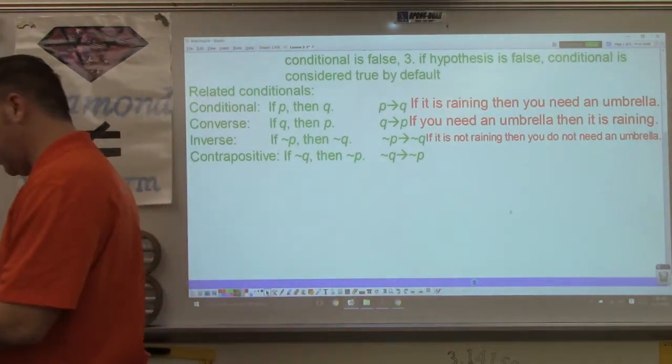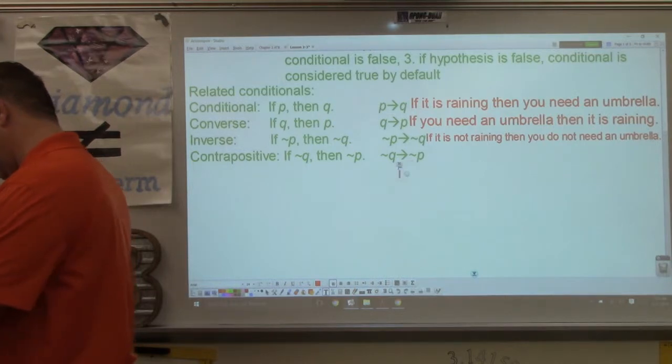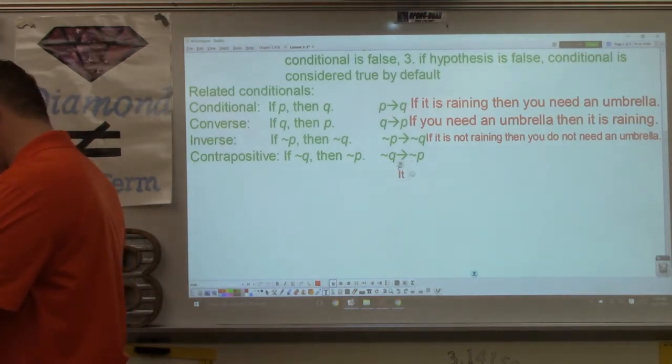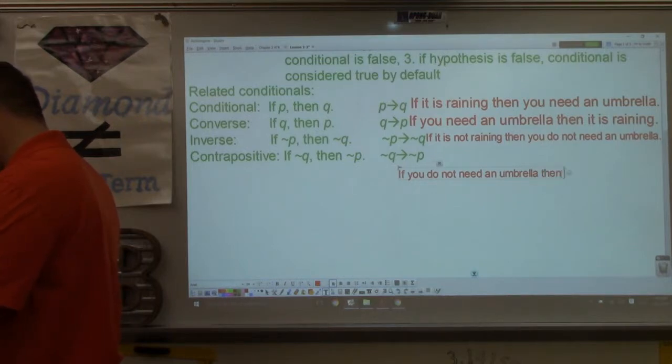So my sentence for this one would look like, if you do not need an umbrella, then it is not raining.